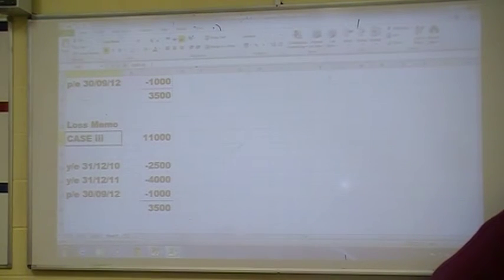Okay, so the last memo, case 5, is €1,500. I'm going to put that against period ended 30th of December 2009.